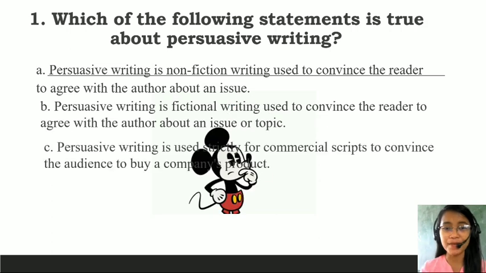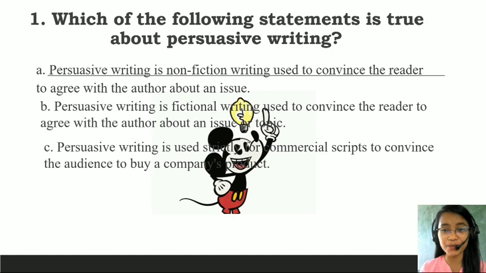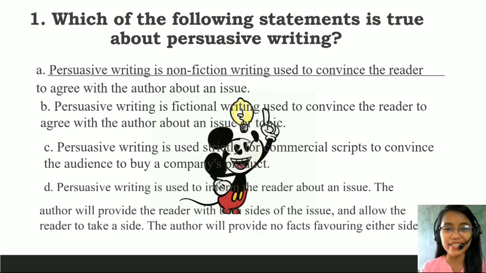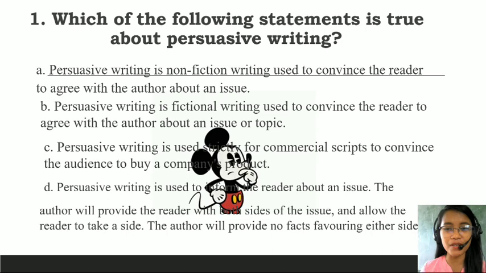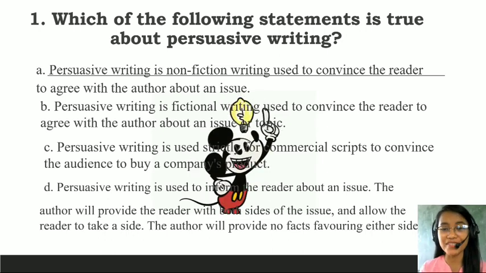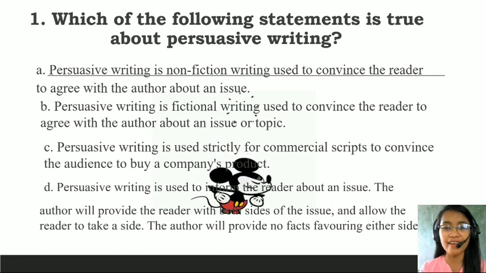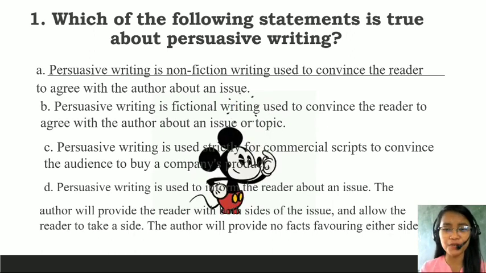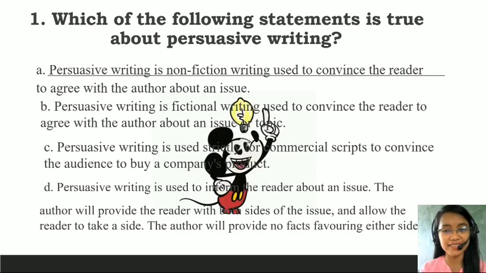Or C. Persuasive writing is used strictly for commercial scripts to convince the audience to buy company products. Or D. Persuasive writing is used to inform the reader about an issue. The author will provide the reader with both sides of the issue and allow the reader to take a side. The author will provide no facts favoring either side.